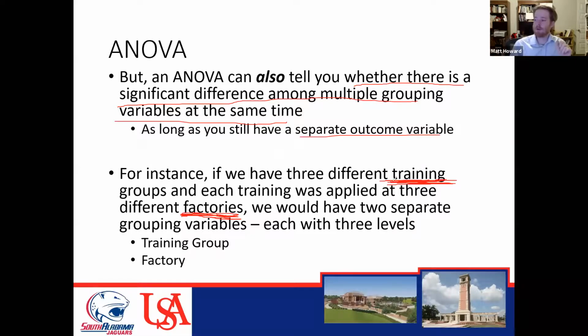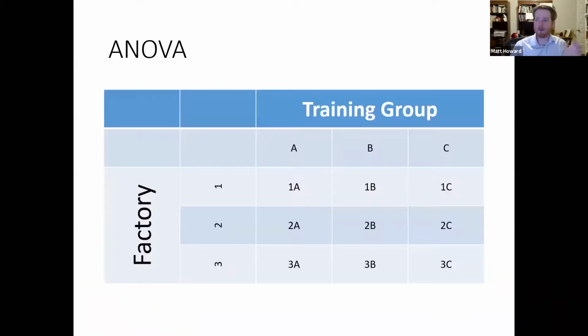And we could perform a two-way ANOVA to see, is there a significant difference among the training groups in regards to performance, but also is there a significant difference among the factories in regards to their performance at the exact same time. We can assess both of these group differences at the same time. Hopefully this picture is a visual demonstration that will help you out a little bit.